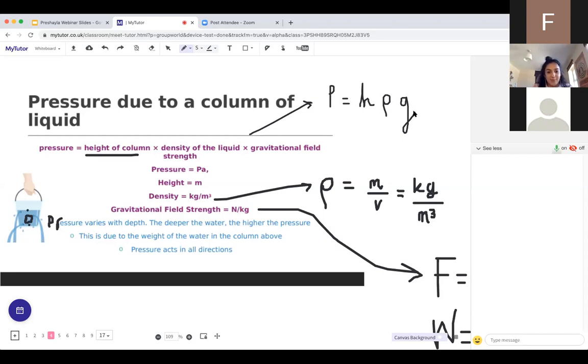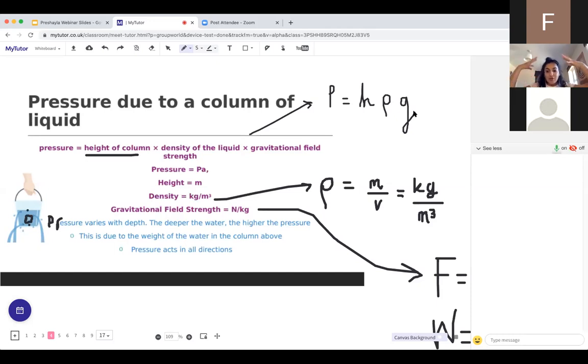That's because of gravity. So we have a gravitational field strength that comes from that. Gravitational field strength is specific to the Earth. For the Earth it's 9.8, but for all planets it's different. So the gravitational field strength is the strength of our gravity.